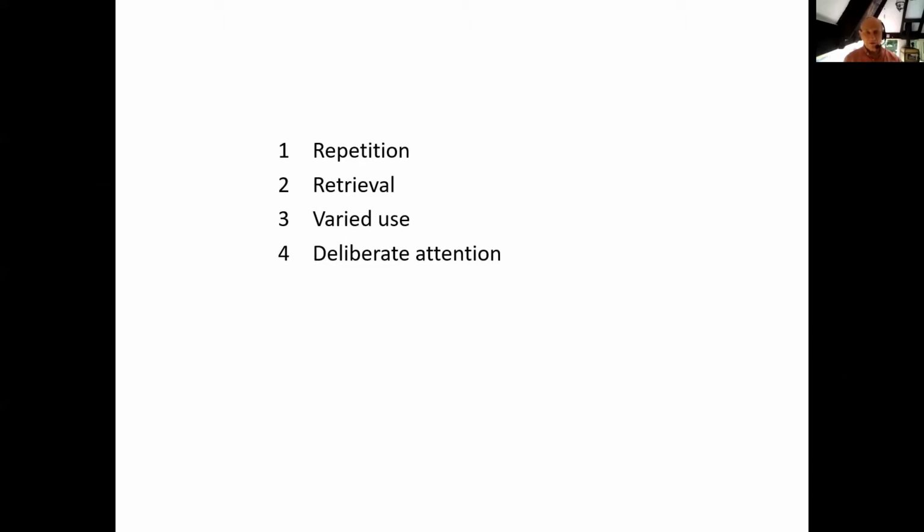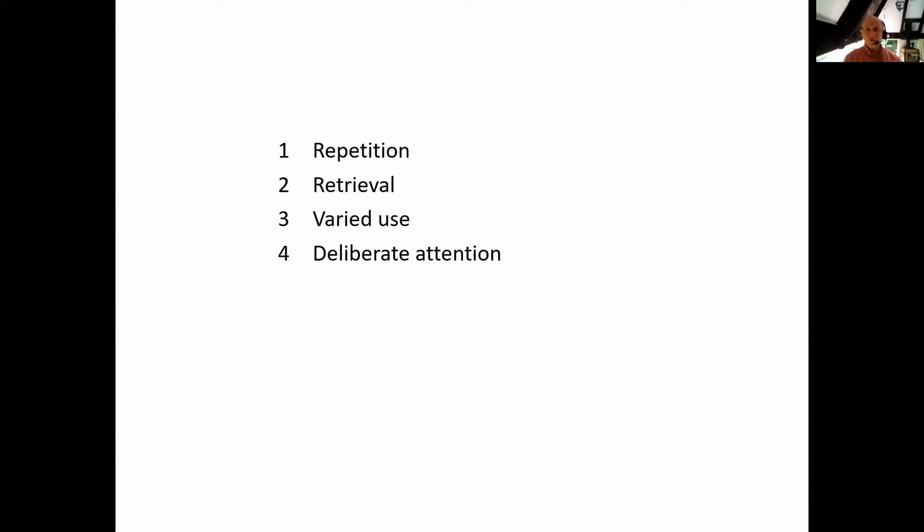One is repetition, and the other is the quality of mental processing when the repetition occurs. And retrieval, varied use, and deliberate attention are all ways of increasing the quality of attention.